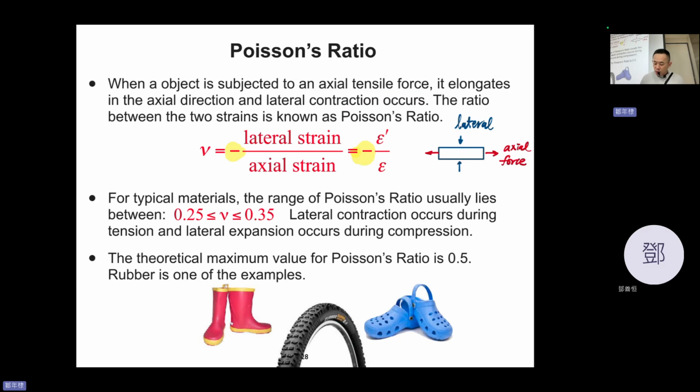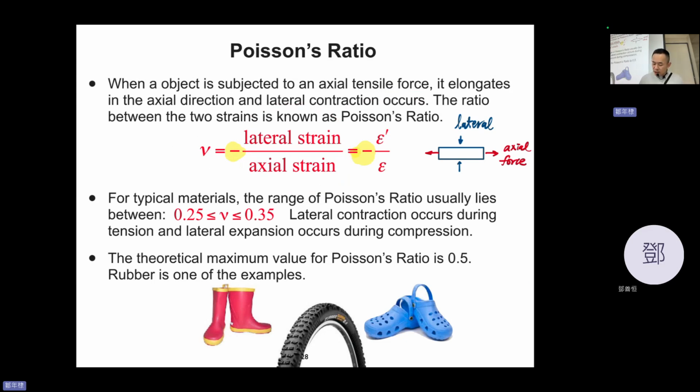So when you have a positive here, you must have a negative lateral strain. But vice versa, if you have a positive lateral strain, you must be compressing it, right? So to make this value positive, you add in one minus sign, so the Poisson ratio becomes a positive value.